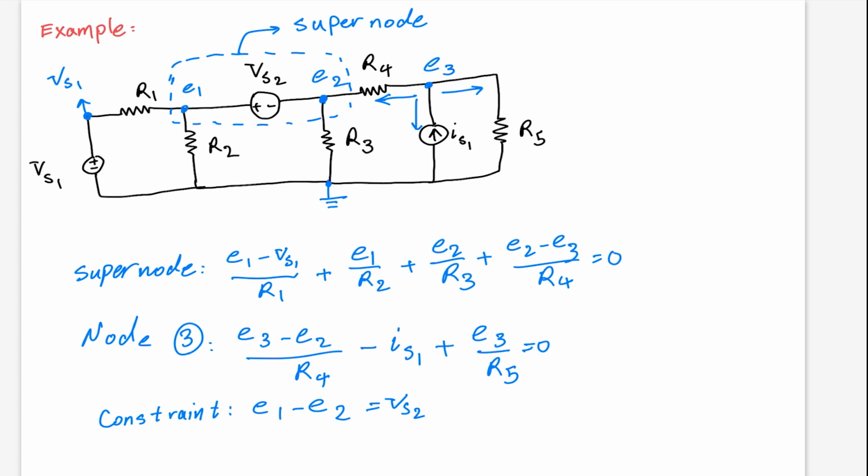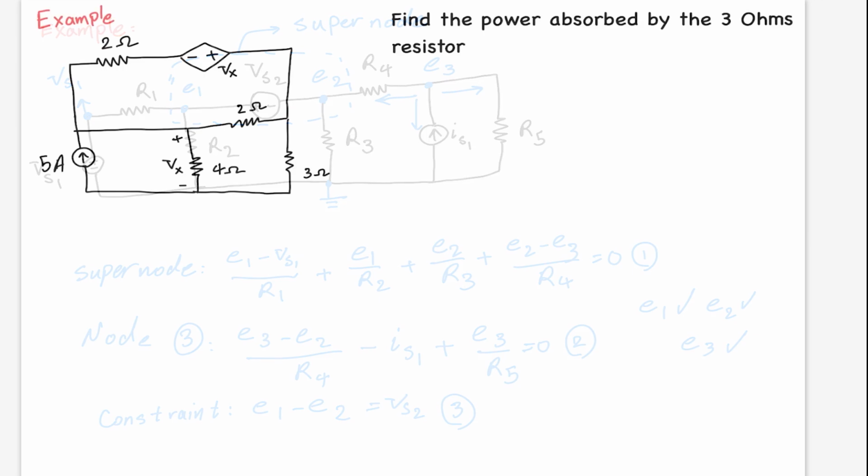So we have 3 equations and 3 unknowns: equation number 1, 2, and 3. And by this, we can find E1, E2, and E3 easily. In the next example, we are going to see some numerical values. And let's go to another example and see what it brings us.